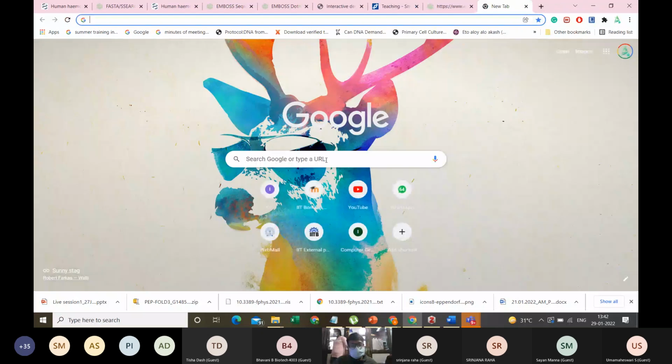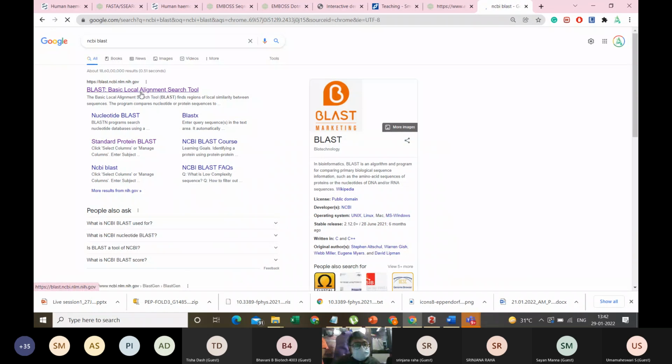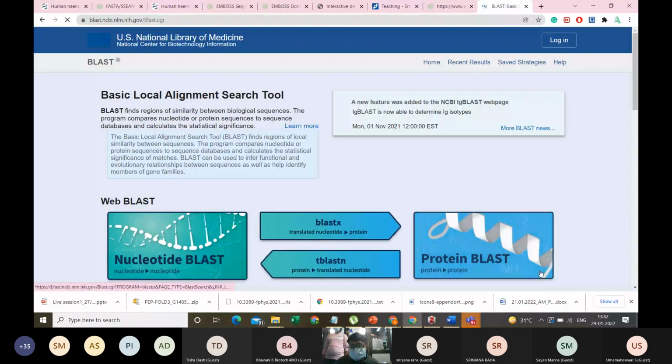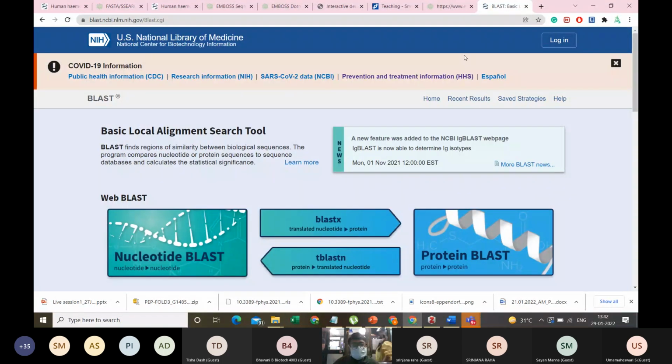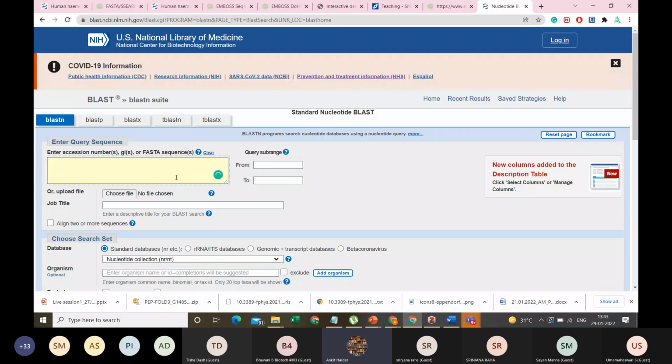Okay, go to NCBI BLAST. You can see that we can paste the accession number, gene ID, or the FASTA sequences, and here it contains all the options for what kind of search we want to do.